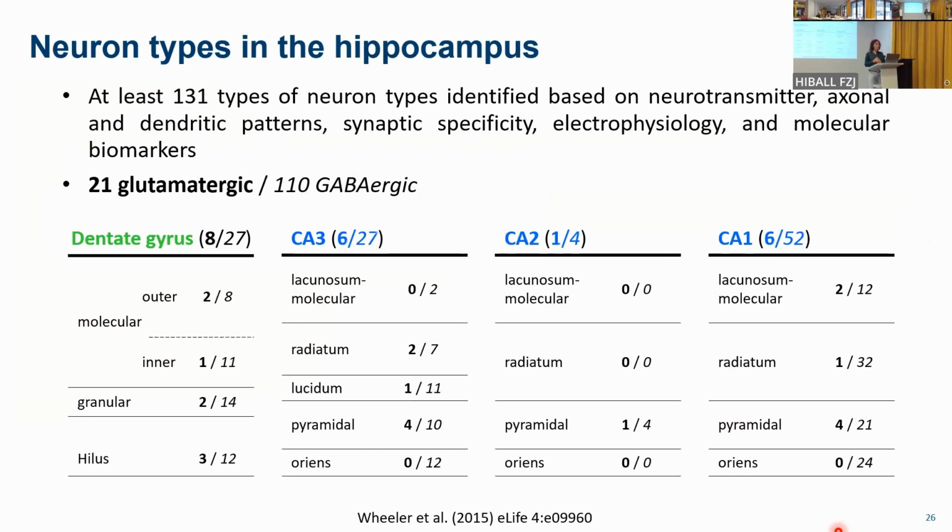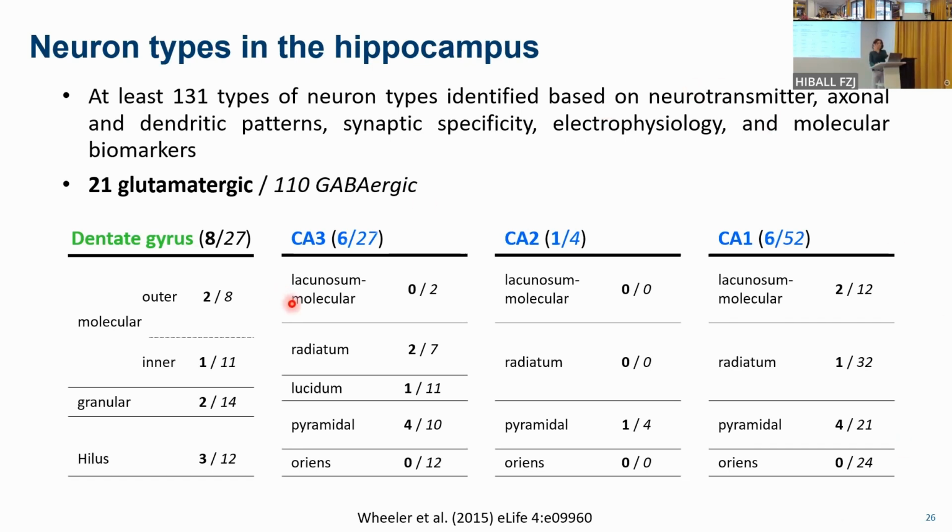This study here is basically a meta-analysis, and we now know of at least 131 different types of neurons in the hippocampus. 21 of these 131 are glutamatergic neurons, so they produce the neurotransmitter glutamate, they are excitatory neurons, and 110 of these different types of neurons are GABAergic. So they produce the neurotransmitter GABA, inhibitory, so they are inhibitory.